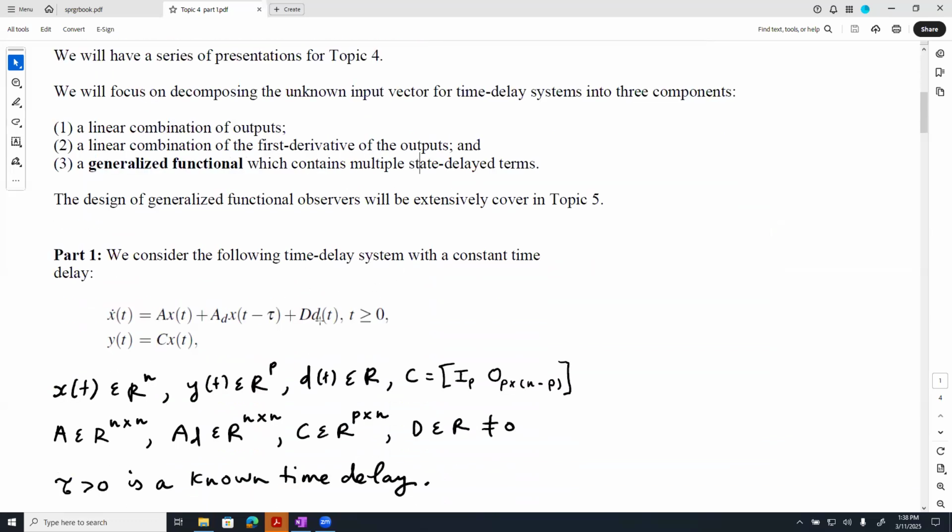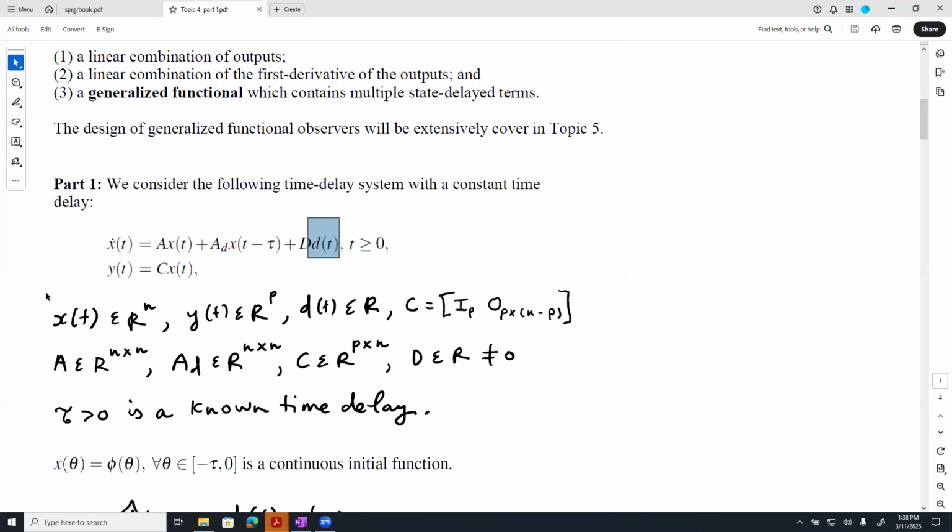Okay, so let us concentrate on part one, where we just consider a simple time delay system with a constant time delay. So we have this extra term in here, that is the delay term in the stack. For the sake of simplicity in the presentation, we just consider a single unknown input.